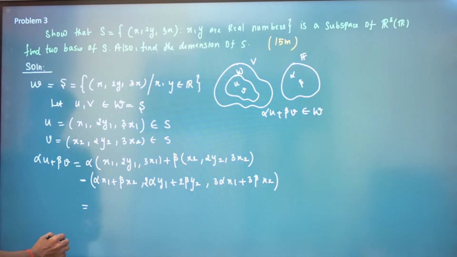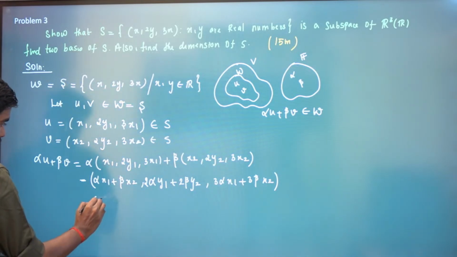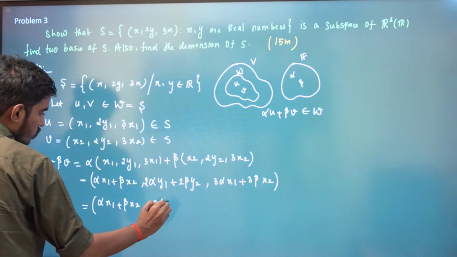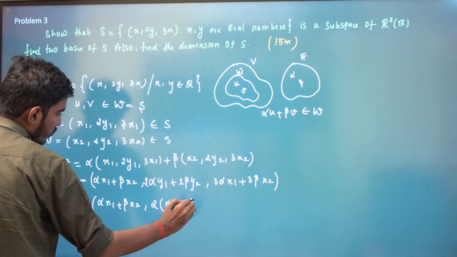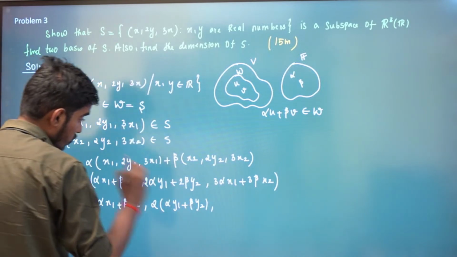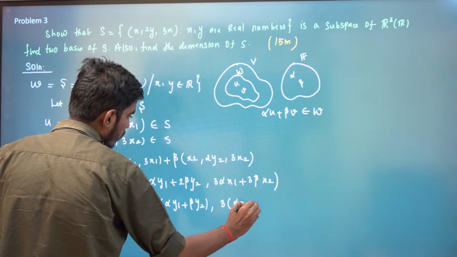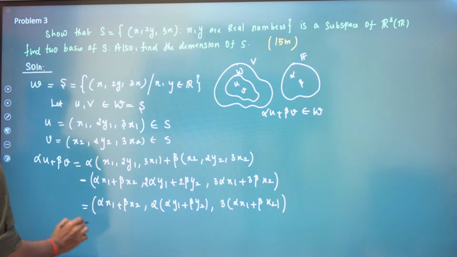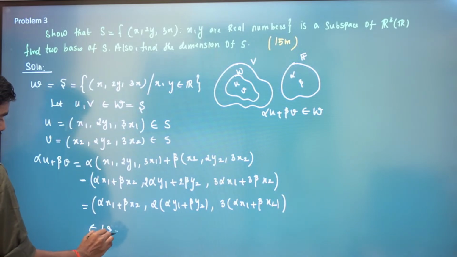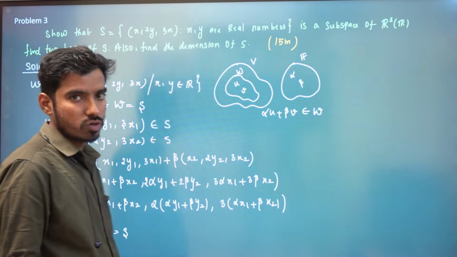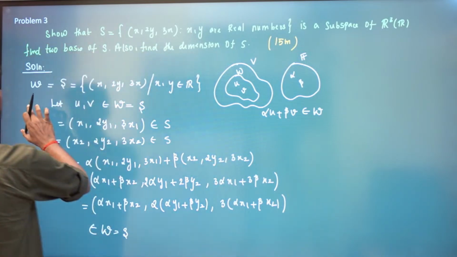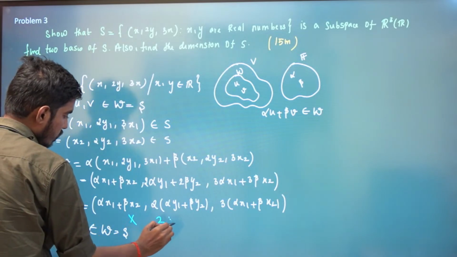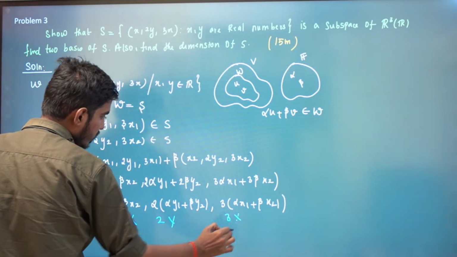Now we have (alpha x1 plus beta x2, 2 times (alpha y1 plus beta y2), 3 times (alpha x1 plus beta x2)). Can I say this belongs to W? Because this element is also in the form, let us call this some x, call this some 2 times y, and this is 3 times x. Yes or no?